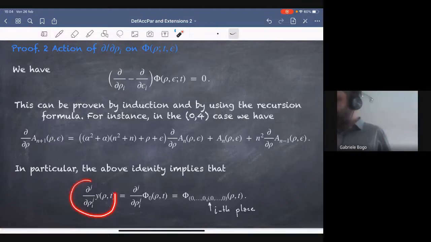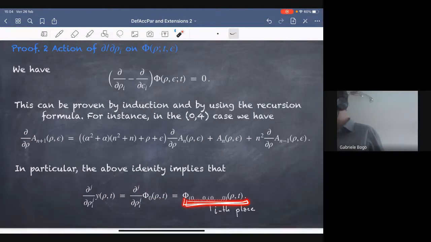So the j-th derivative of the holomorphic solution with respect to the accessory parameter rho I will be, by definition, the j-th derivative with respect to I of the phi 0 we constructed before, and will be in particular this function, associated to the index 0, 0, j in the ith place, and then 0 again.